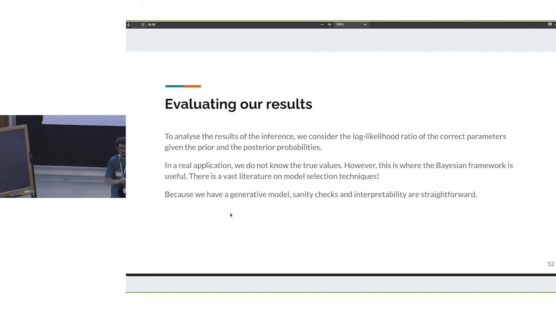And this correlation makes it clear that you can use the unsupervised metrics to select a good model in some cases. And a very important thing is that because here we have a generative model, we can perform some sanity checks and try to see whether our modeling assumptions are right and whether they sustain, let's say, high luminosity. And we can also interpret what is going on.